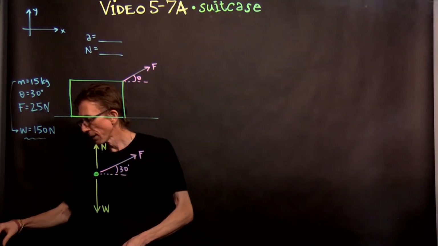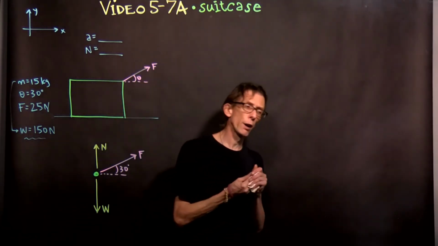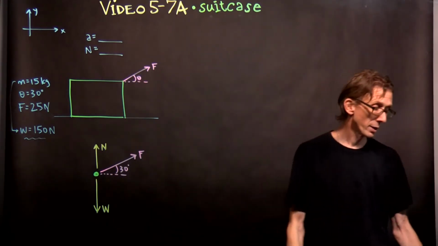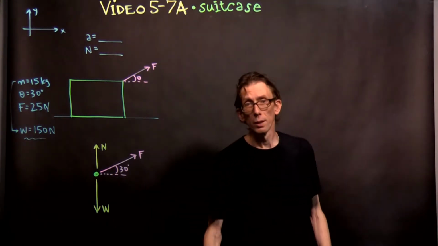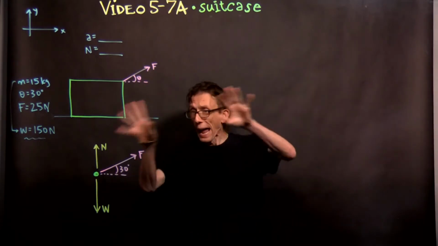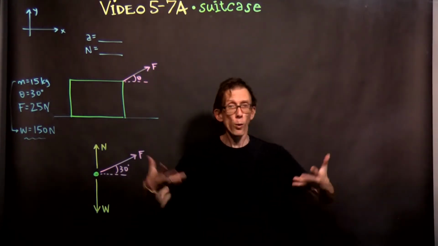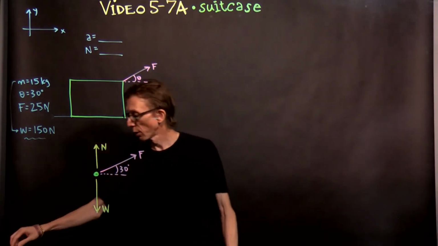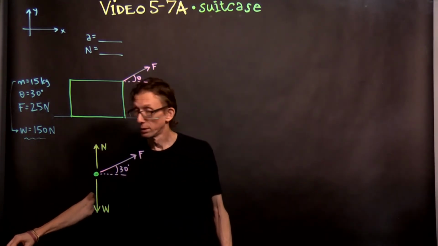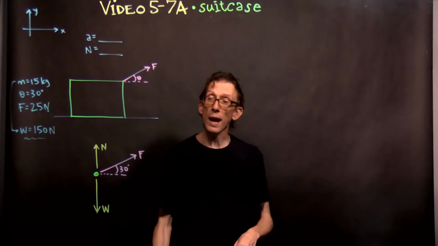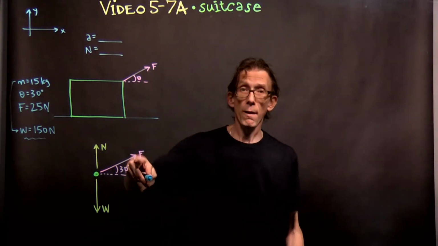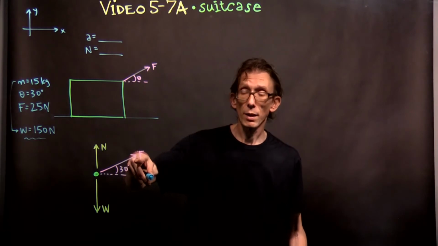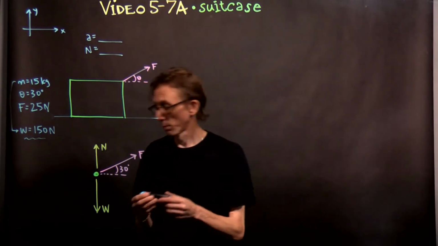So we've drawn our free body diagram, but it is not really finished yet. We've included all the forces. They're all there. Nothing more to add. No more forces acting on the suitcase. But because we're going to have to apply Newton's second law in x and y, we have to resolve this force vector F into its components, just as we did before.